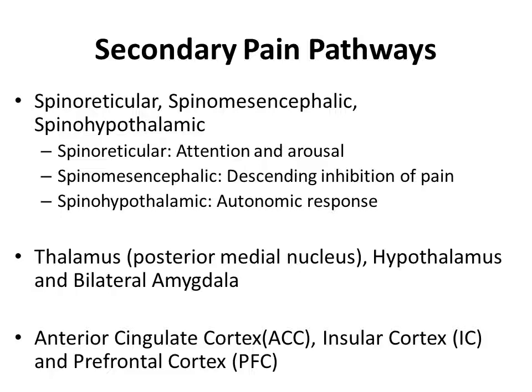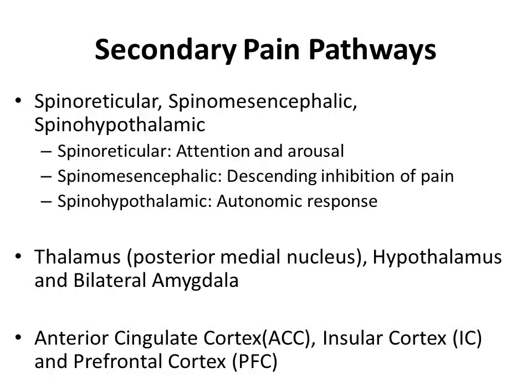Mesencephalic tells us midbrain. So remember, that's one of the words I asked you to know, is that the midbrain is known as the mesencephalon. So when I see spinal mesencephalic, I know, oh, that's going from the spinal cord to the midbrain. This helps to trigger pathways that actually go back down to the spinal cord and help to decrease the pain signals that are going to the brain.